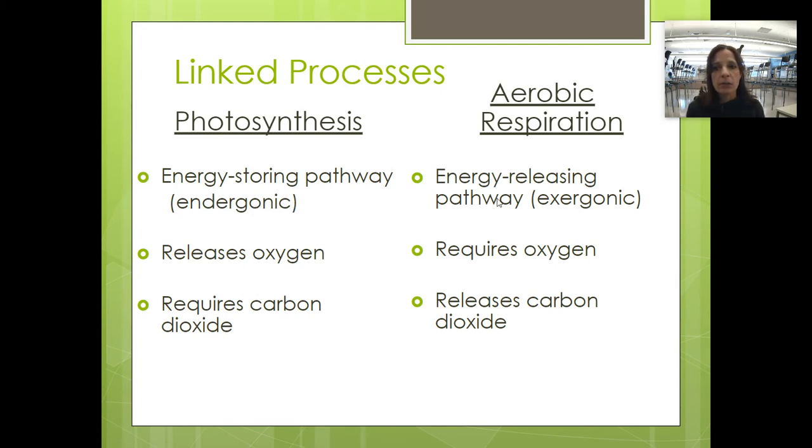However, in aerobic respiration, we break that glucose down and get ATP and carbon dioxide and water. And so this is an exergonic. Photosynthesis releases oxygen as a byproduct, and aerobic respiration requires it. Photosynthesis requires carbon dioxide, and in aerobic respiration, it releases carbon dioxide.